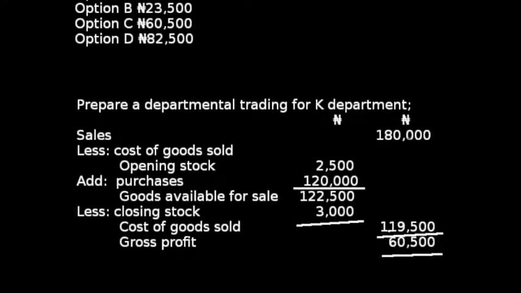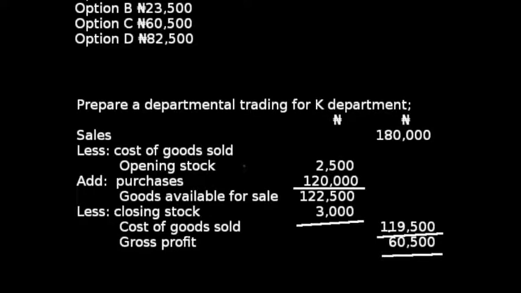Our sales for department Care is 180,000, and then we less cost of goods sold. Now all these items, opening stock, purchases, closing stock, are all items of cost of goods sold.